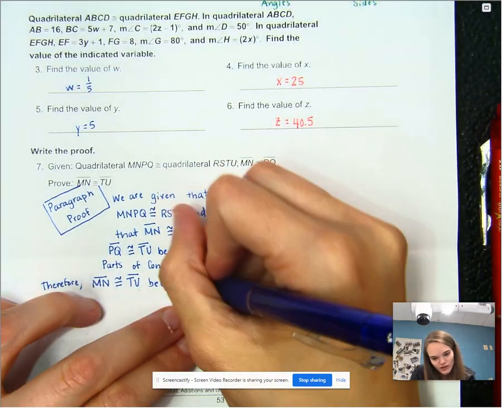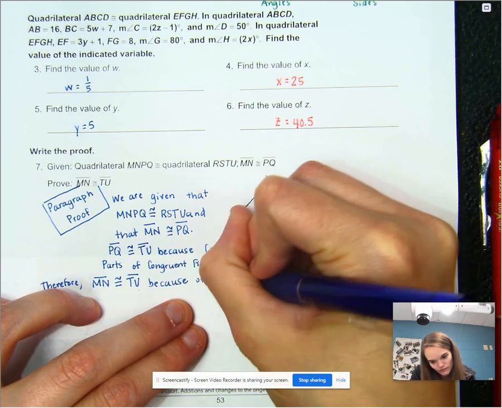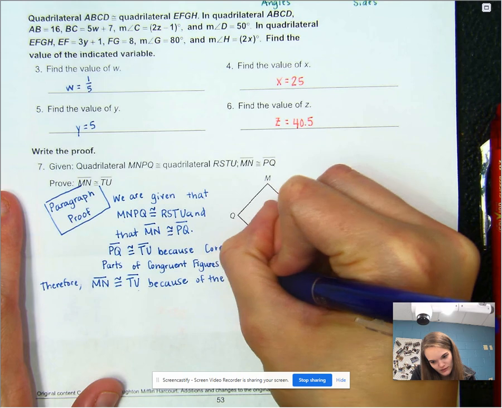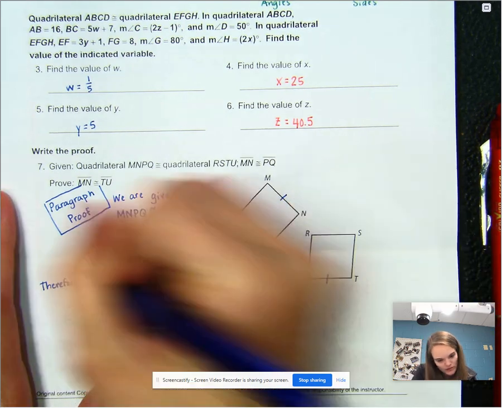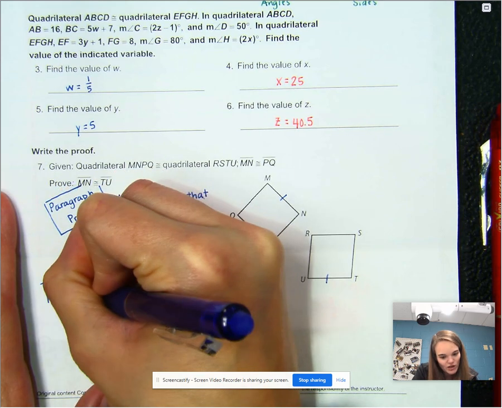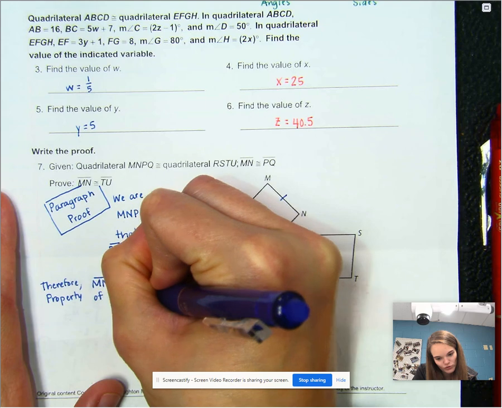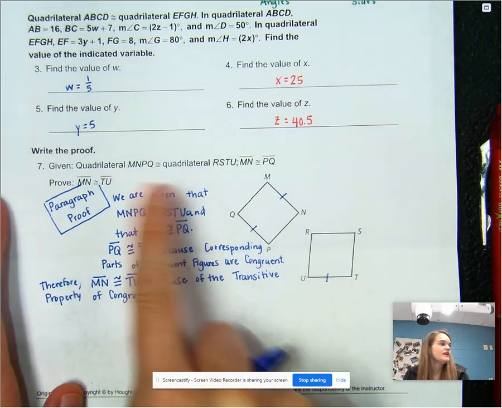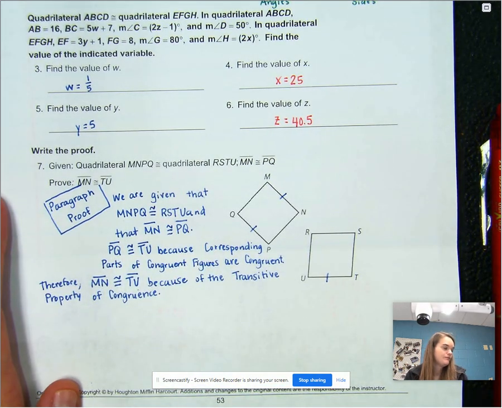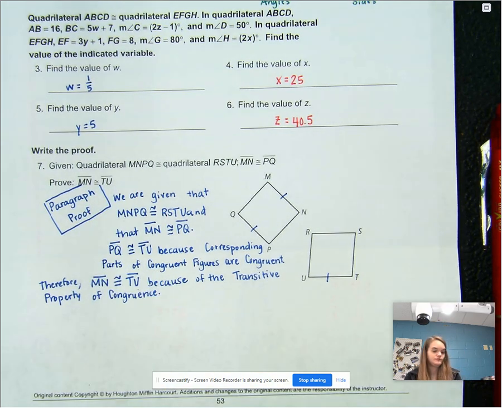So it's because of the transitive property, but it's not of equality, it's of congruence, because we're talking about congruence. This is our paragraph proof. I'm done because I made it to what it says to prove.